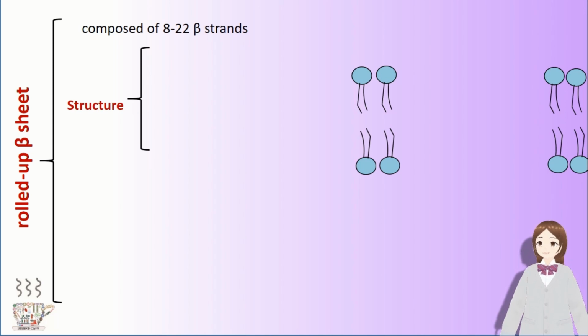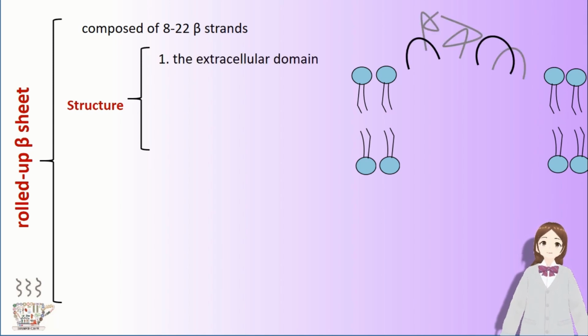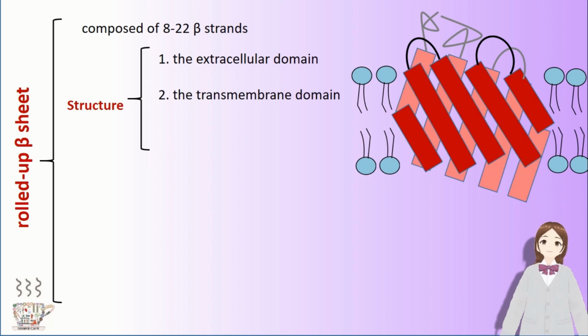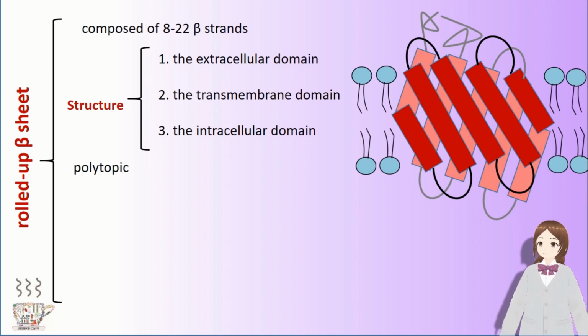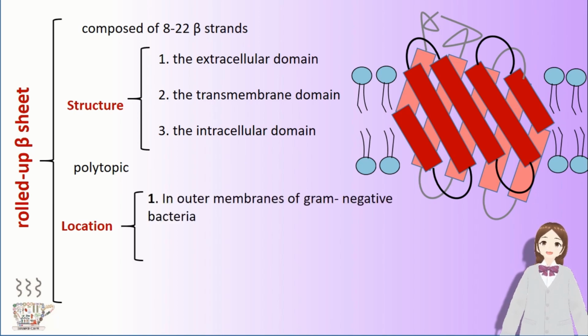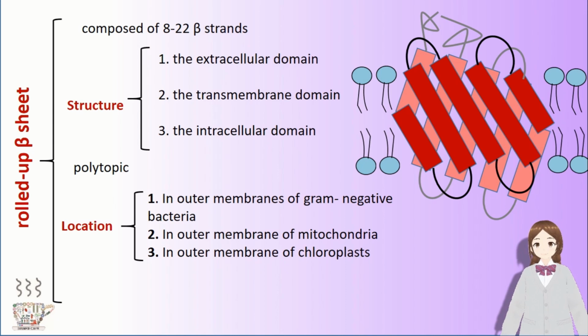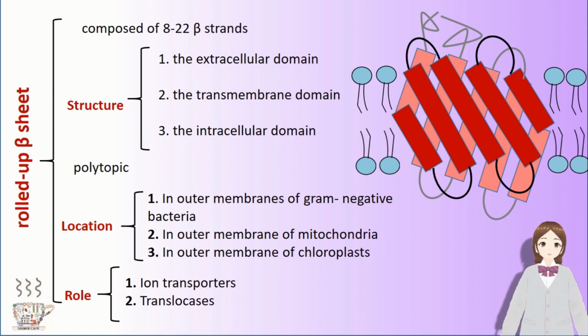It has three domains in its structure: the extracellular domain, the transmembrane domain, and the intracellular domain. It's classified topographically as polytopic. It's located in the outer membrane of gram-negative bacteria, in the outer membrane of mitochondria, and in the outer membrane of chloroplasts. It plays a role as ion transporters and translocases.